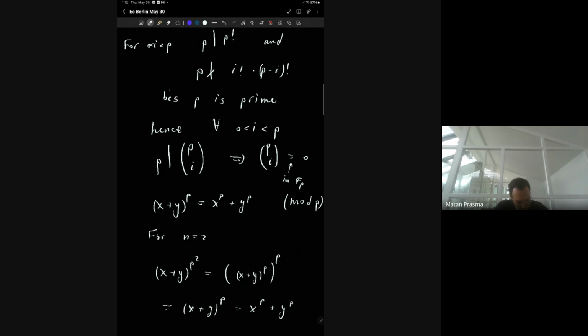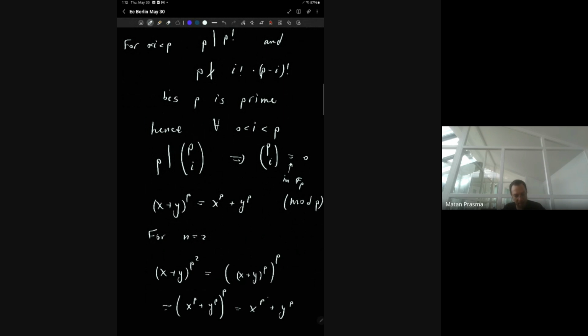No, sorry. Applying the n equal 1 case once, I get that this is (x^p + y^p)^p.